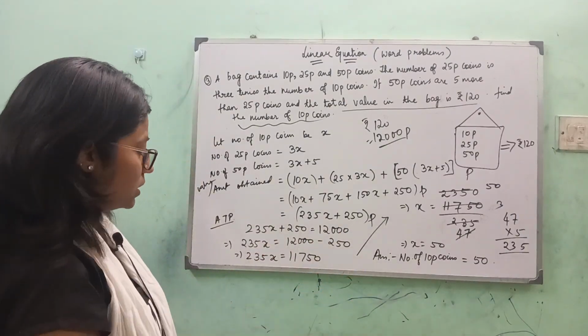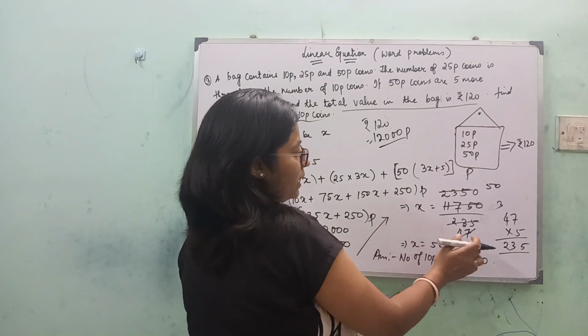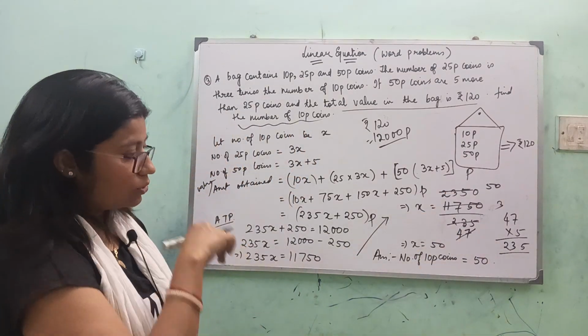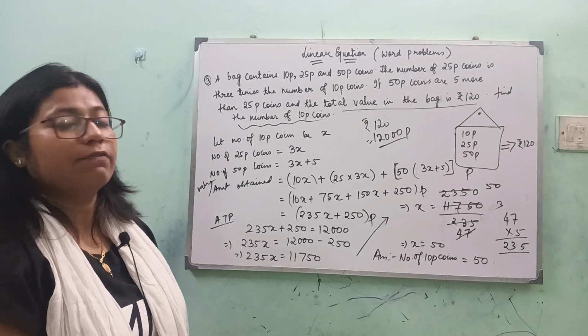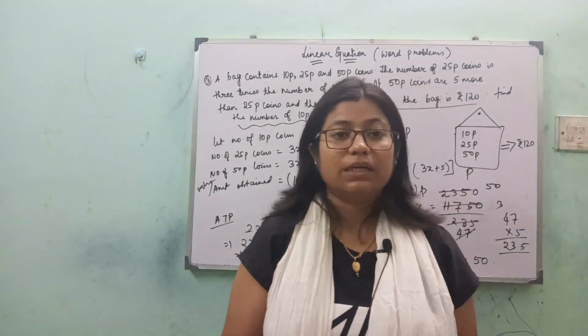Now you equate it. Once you are equating and simplifying, you get your value of x to be 50. So the number of 10 paisa coins is 50. So I hope this sum is clear.